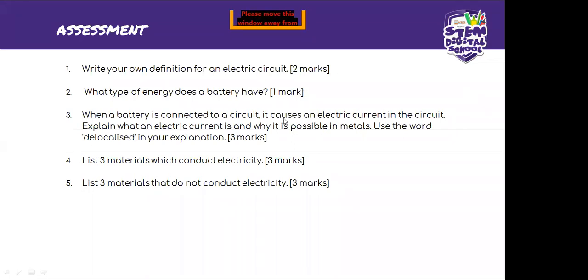Yeah. So I can see that some of you are giving me the definitions. Okay. Write down your own definition for an electric circuit.